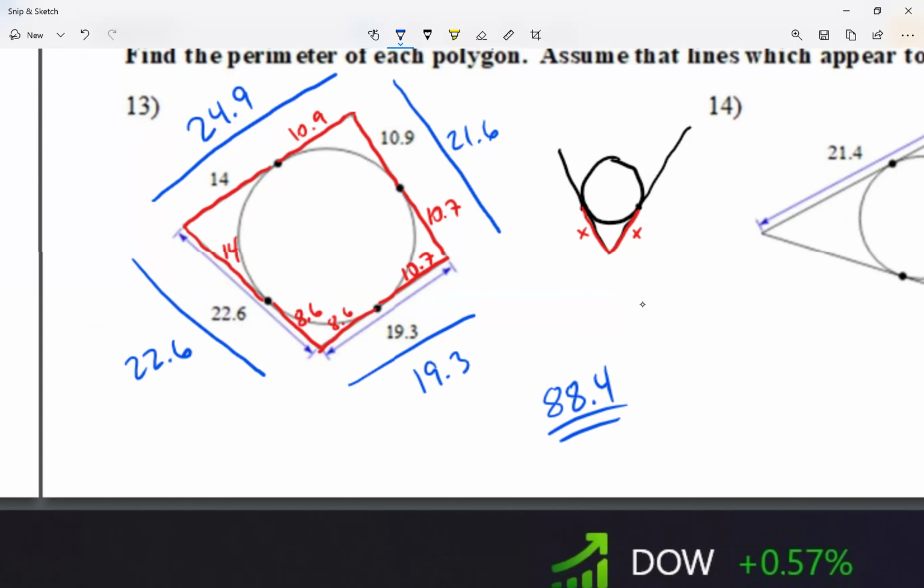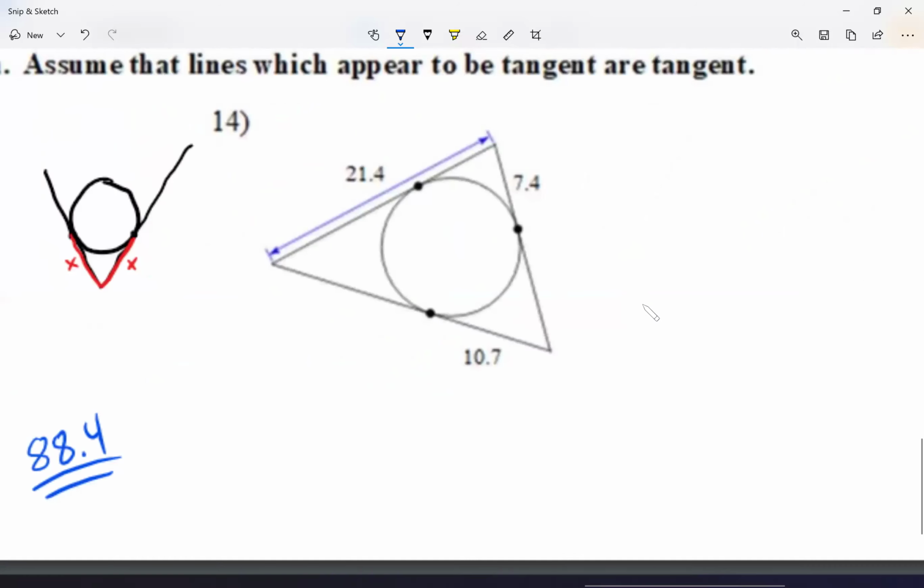I added the 4 measurements. Use a calculator. Pause this video if you need to. So 24.9 plus 21.6 plus 19.3 plus 22.6 is equal to 88.4. Nice. Let's take a look at number 14.